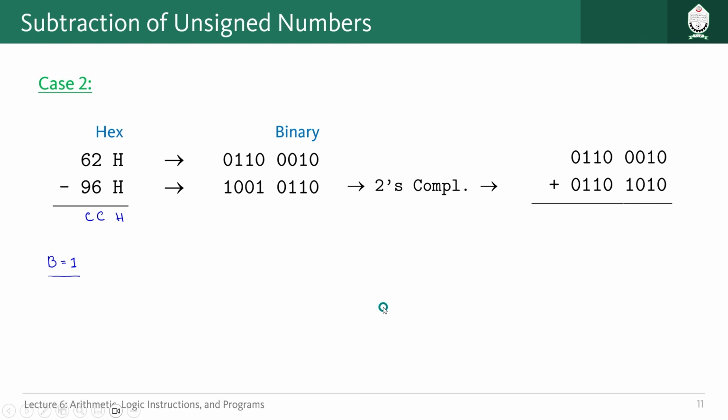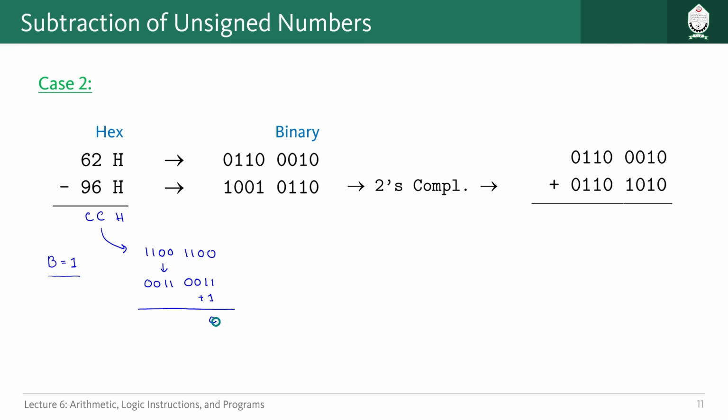And we can check that ourselves, that the value we have got is not the correct representation in our sense. If I want to actually look at the value, what we have to take is 2's complement of this CCH. So basically CCH is 1100 and 1100, right? So if you take the 2's complement of that, 1's complement is 0011 0011, and we have to add 1 with that to make it 2's complemented form.